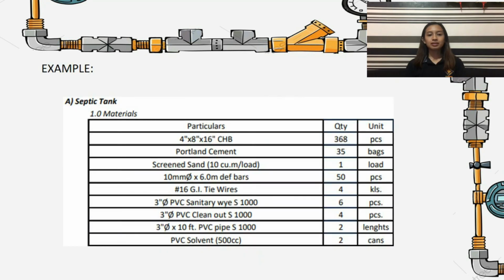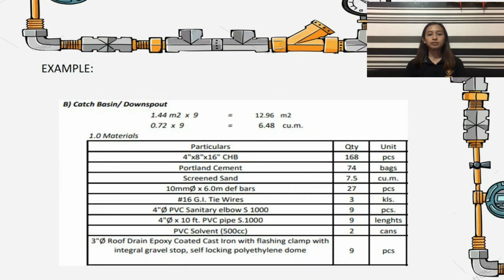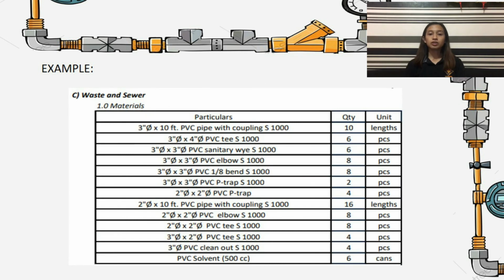Next is the example. So this is an example of quantity survey of plumbing works. So estimating the material used for plumbing is much easier compared to the other, like the concrete quantity survey, because it does not involve calculation. So mostly the plumbing work quantity survey is done by just counting the materials needed.